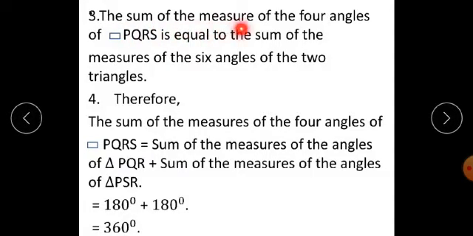Therefore, the sum of the measures of the four angles of quadrilateral PQRS is equal to the sum of the measures of the six angles of the two triangles.